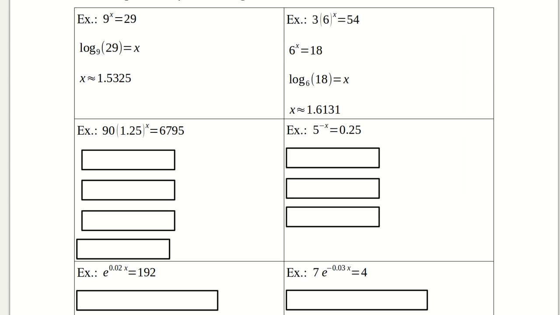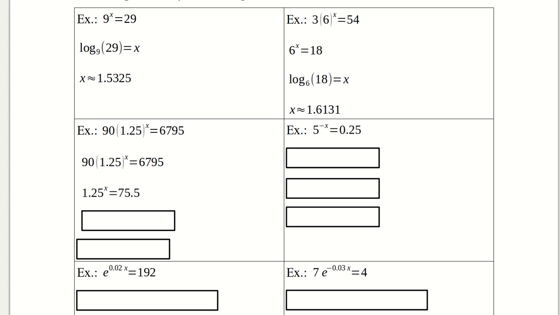The next example, very similar. It's got that coefficient of 90. So we're going to have to get rid of it. That coefficient is attached by multiplication, undone with division. We're going to divide both sides by 90. So when we do that, we see that 6,795 divided by 90 gives us 75.5. We're going to translate this.